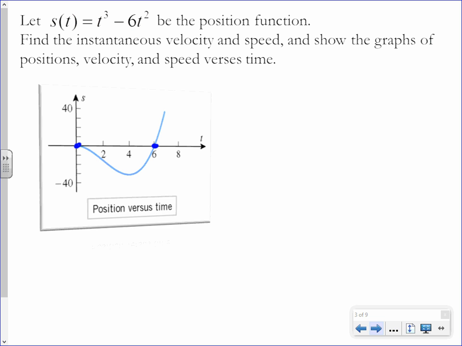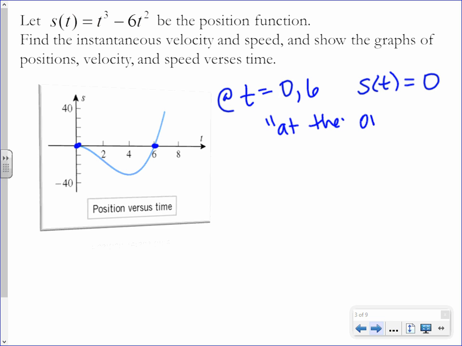This is the position versus time graph. What's happening at 0 and 6? Different direction. At t equals 0 and 6, our position is 0. Therefore, our particle is at the origin.